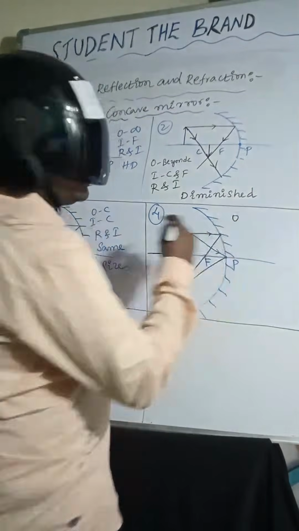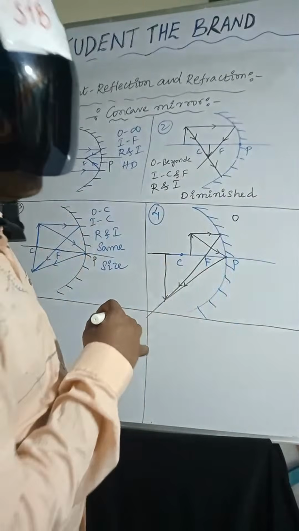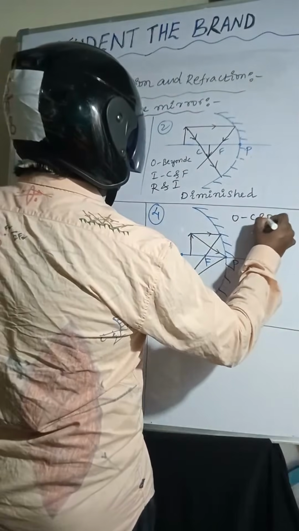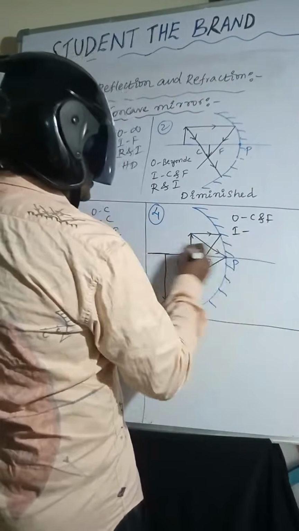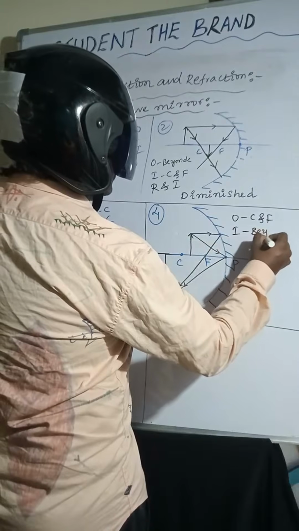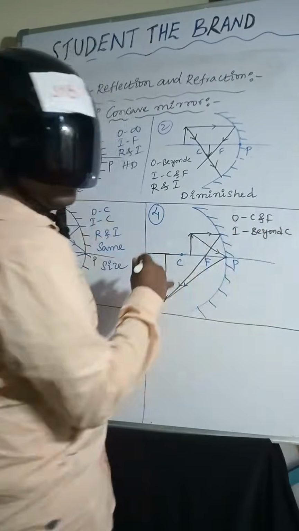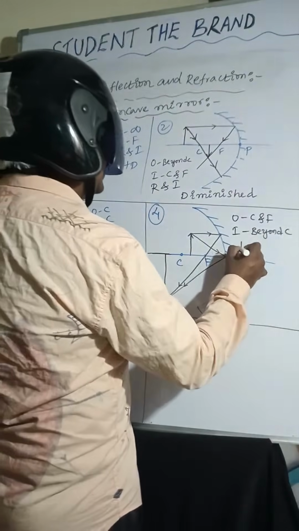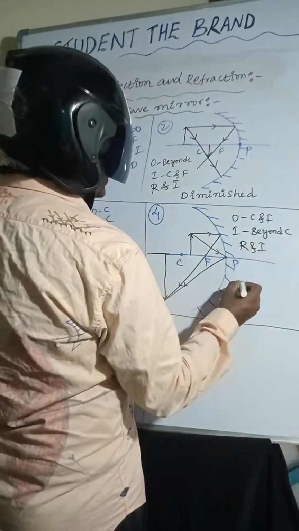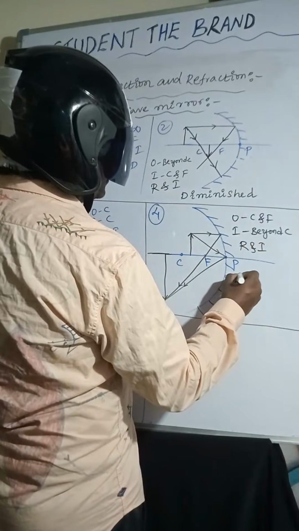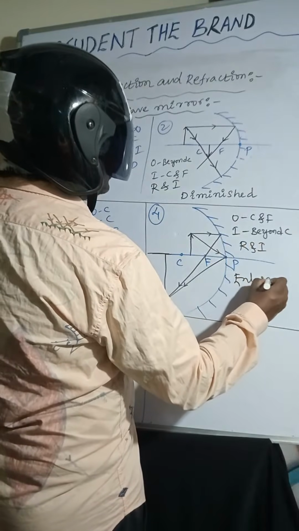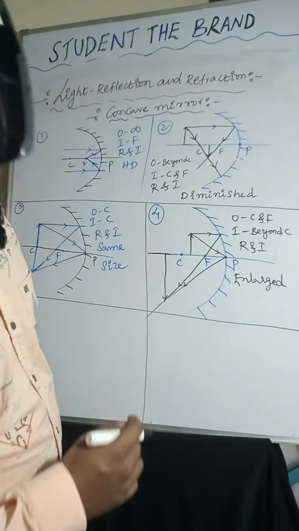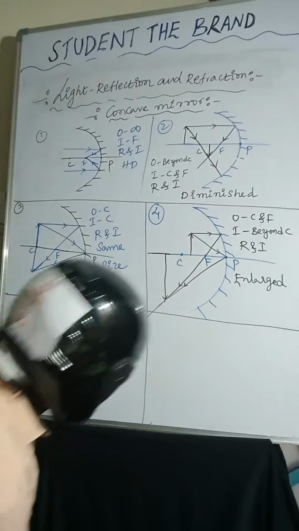Object is placed between C and F. Image will form beyond C. Nature of the image is real and inverted. Size of the image is enlarged. Coming to the fifth case here.